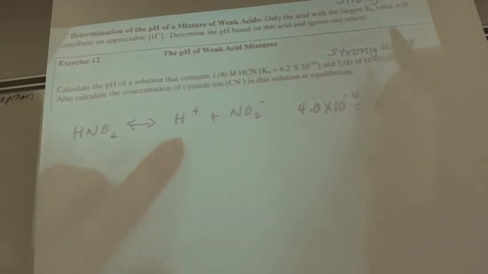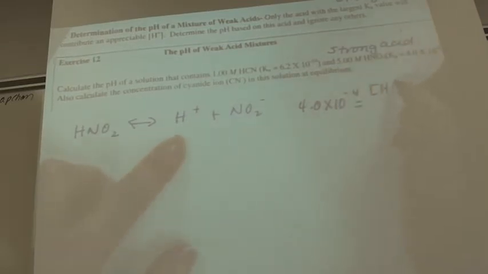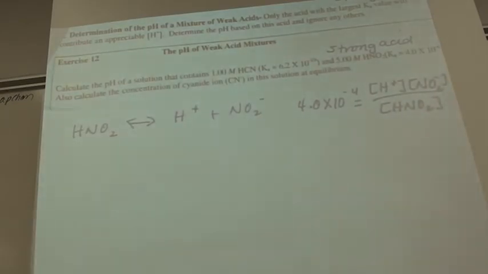The Ka for this is 4.0 times 10 to the negative fourth, and that's equal to the hydrogen ion concentration times the nitrite ion concentration over the concentration of the nitrous acid. Everybody with me now?